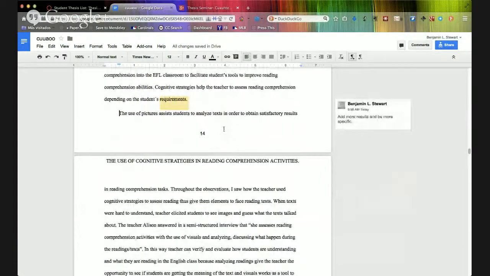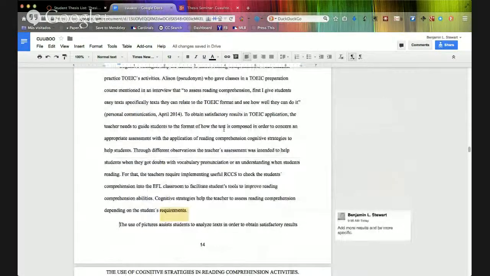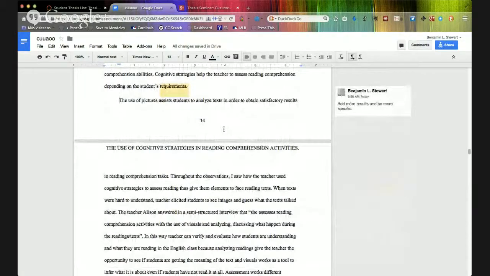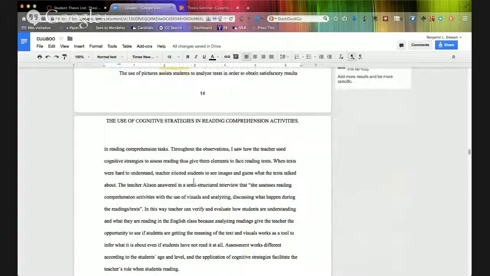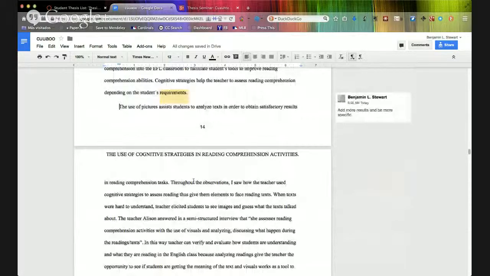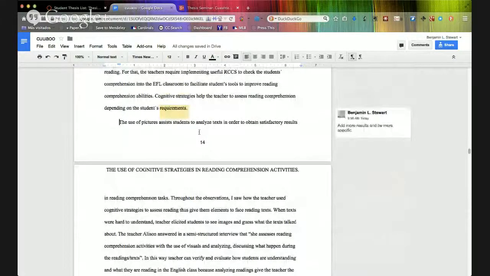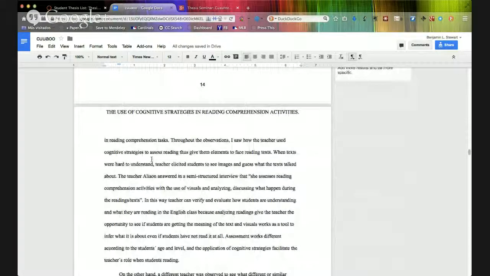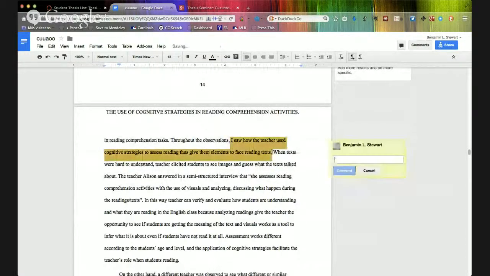So in this case, you wanted to mix both evidence and analysis, right? Same way with this? Actually, there is the same pattern for the whole. You saw how the teachers use cognitive strategies to assess reading.